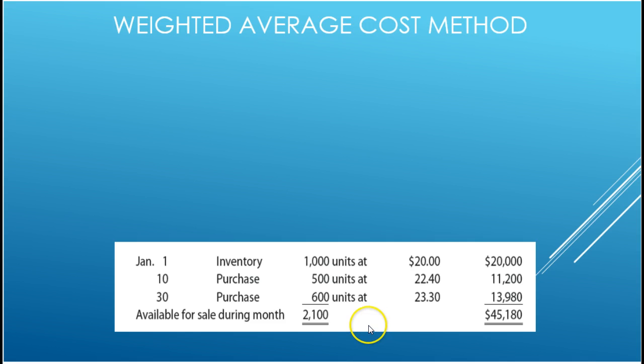So to get your average cost here, you would take this 45,180 and divide it by 2,100. Let's try that again. You would take the 45,180 and divide it by 2,100. That would give you the average cost.